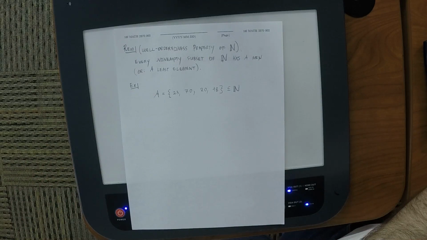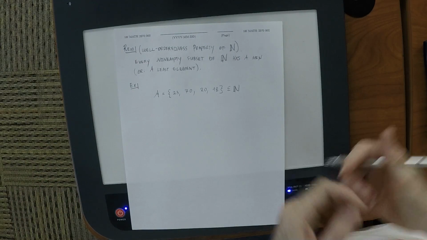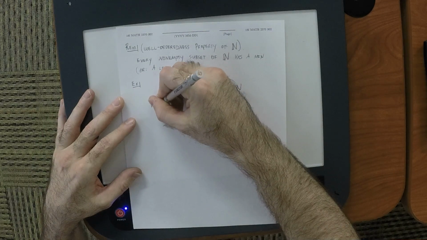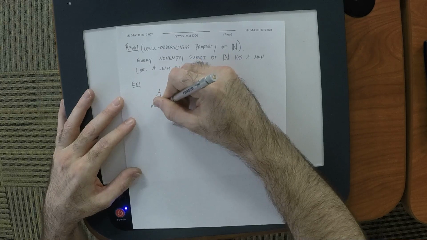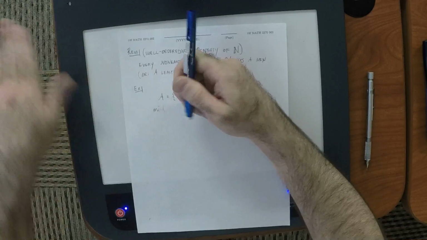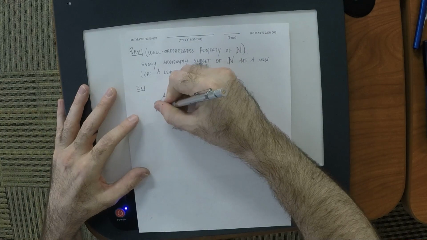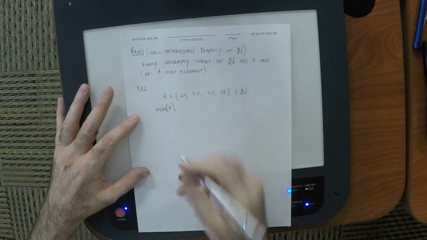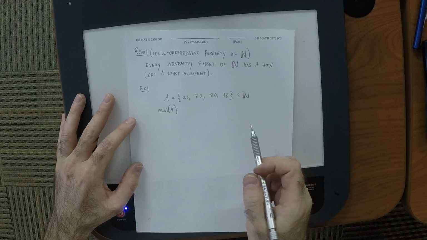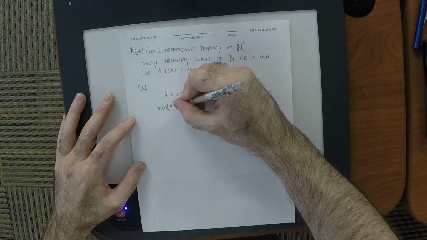Because all those numbers are natural, and as a result, the min of A must exist. Because that's such a simple set, you can just read it off for me. So what is it? It's 18, right?